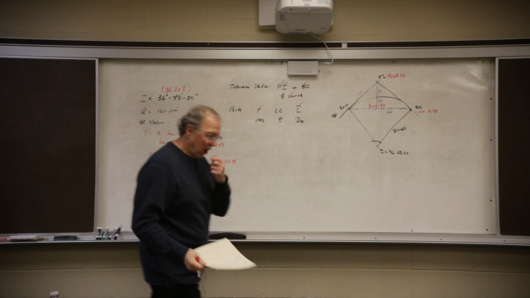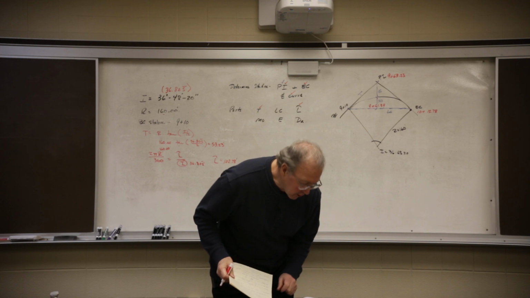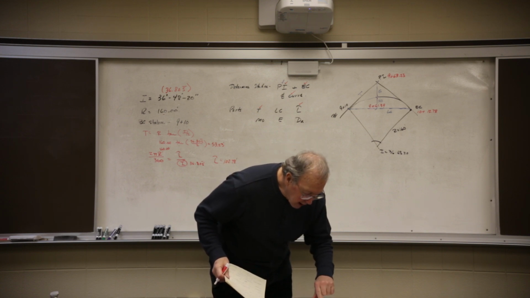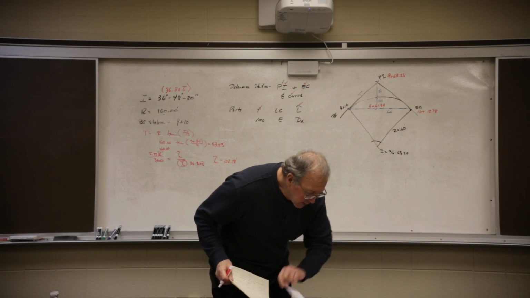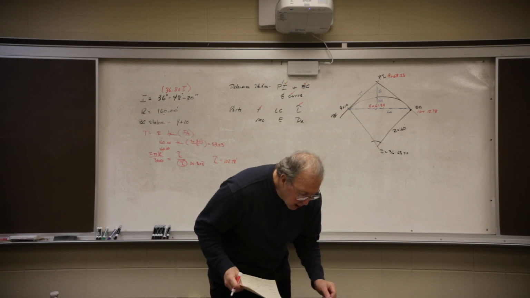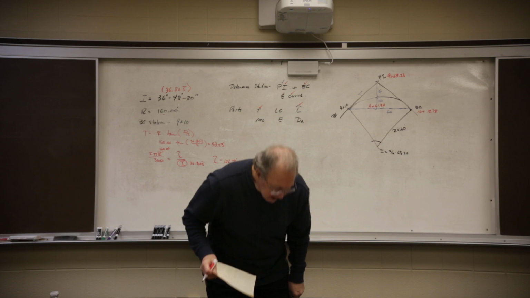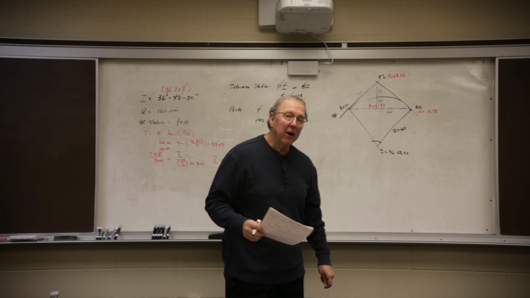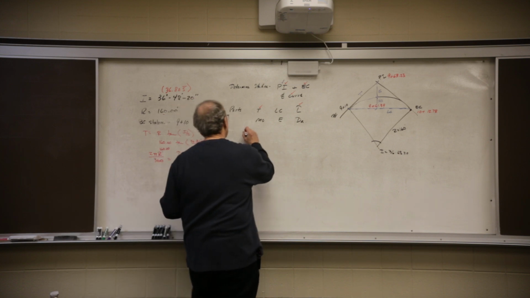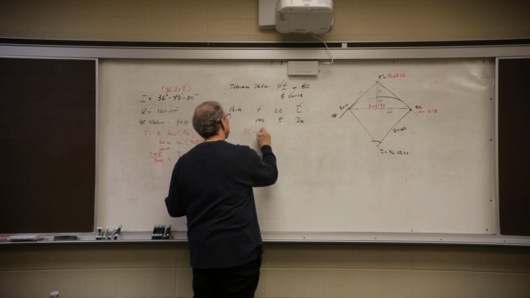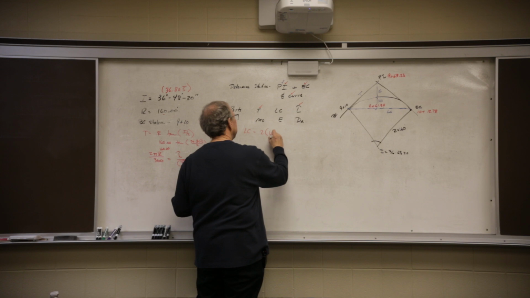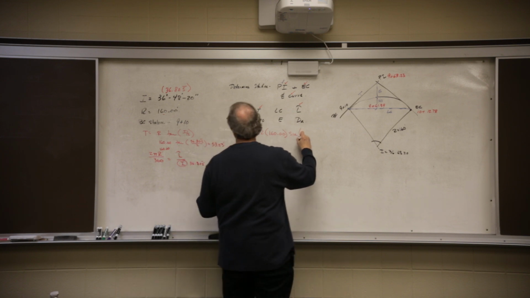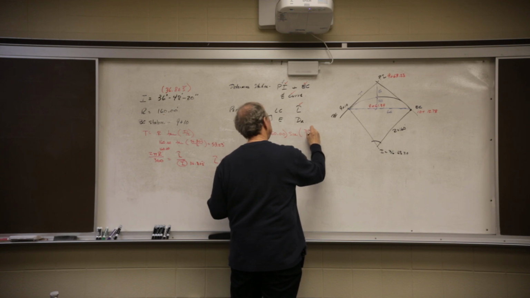Go to page 16-9 near the top. LC is equal to 2R sine I over 2. Long chord is equal to 2R sine of I over 2.